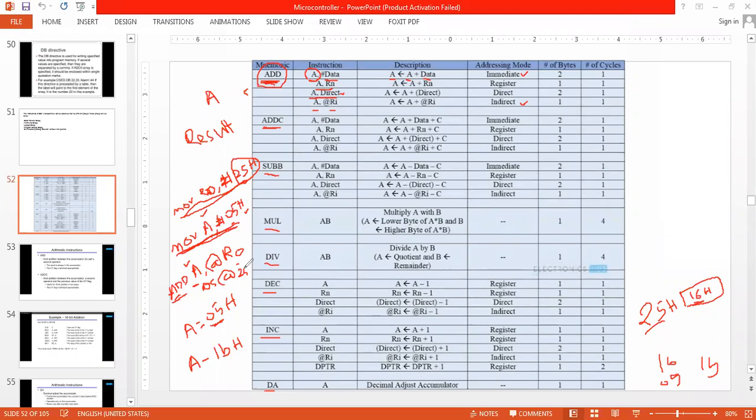What is there at 25H? At 25H, the number 16 is present. The data 16 is present. So again, 16 plus 05 is going to be 1BH.